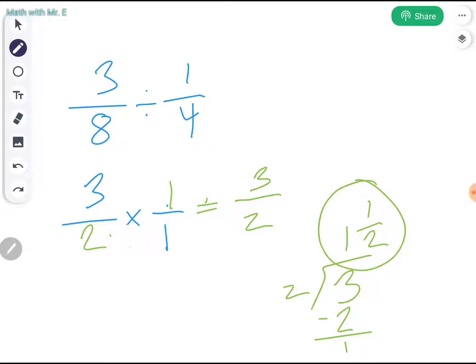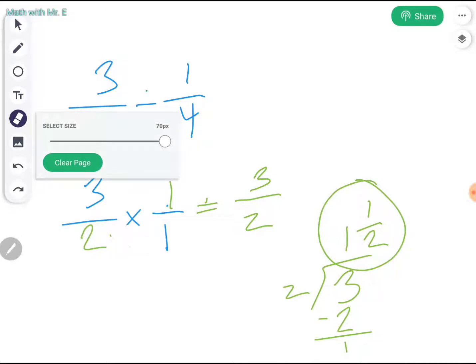I know that sometimes it can be confusing when we take a number and divide it by something and it actually gets bigger. If we go back to that original problem of 3 divided by 1/8, it seems strange that it becomes 24, because usually when we divide something, the answer is smaller. But again, we're not taking 3 and breaking it up into 8 groups.